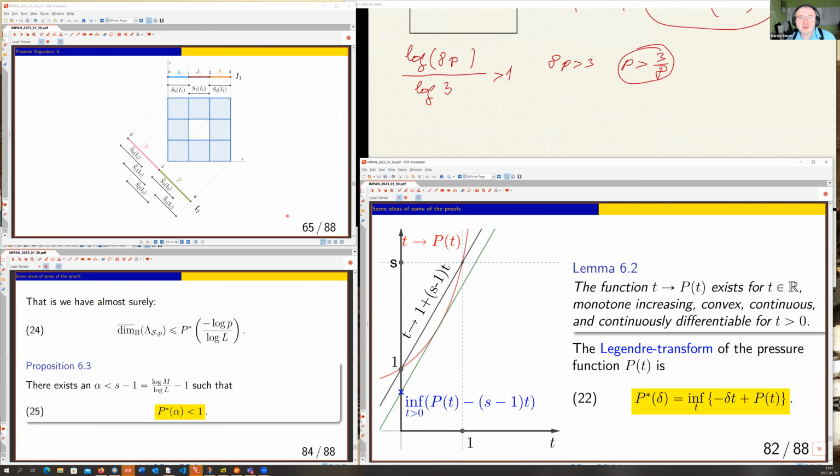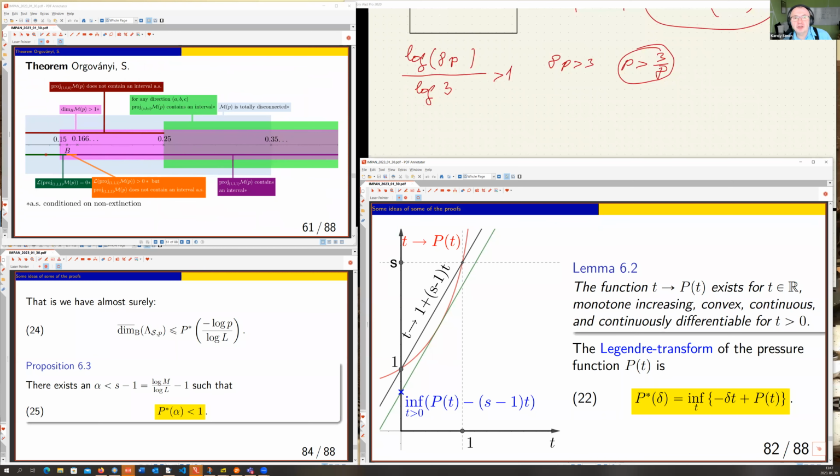If you think of what I showed in this situation, you see all kinds of bad things happen. Things are as bad as possible, as opposed to the homogeneous case, where if something has dimension bigger than 1 in the space, then in the projection you have an interval. So as simple as possible in the homogeneous case, and even in this not very inhomogeneous case, it just breaks down.